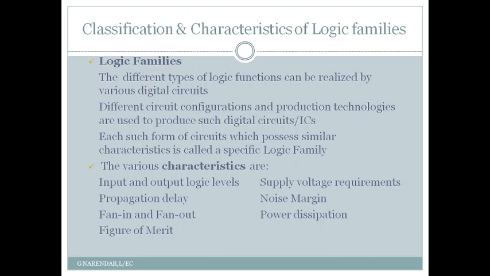So I can say that the digital logic circuits from a particular family will possess similar characteristics. Here characteristics means the electrical characteristics, like the voltage and current characteristics, the voltage and current requirements.